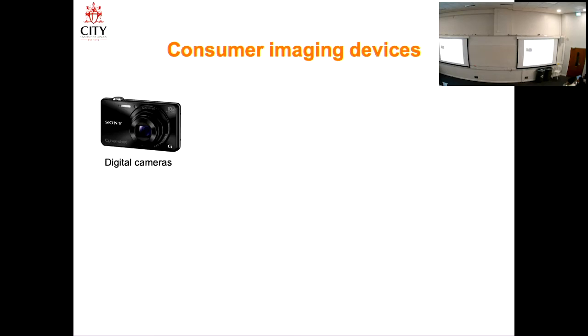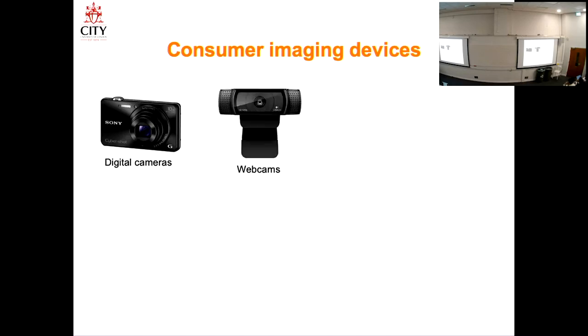So there are a lot of different sources for consumer imaging. This one is nowadays a bit more obsolete, but we had digital cameras before. Every one of us had one, and we would take better quality images with them. Webcams: nowadays, most laptops, iPads, iPhones, every device you have has a tiny camera, usually referred to as a webcam, but it's no longer that weak.